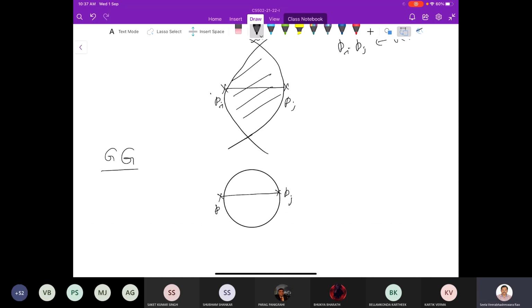If you take PI PJ as a diameter and draw a circle, and the circle is empty, then this edge is present in the Gabriel graph.